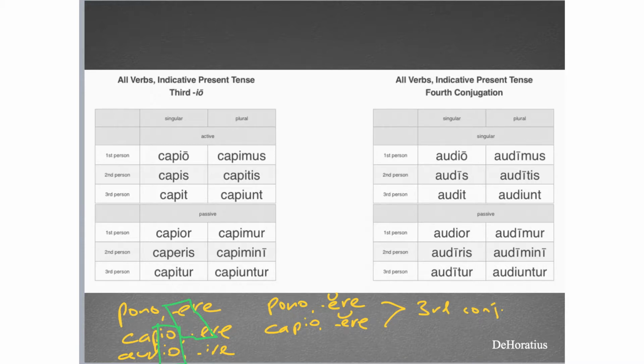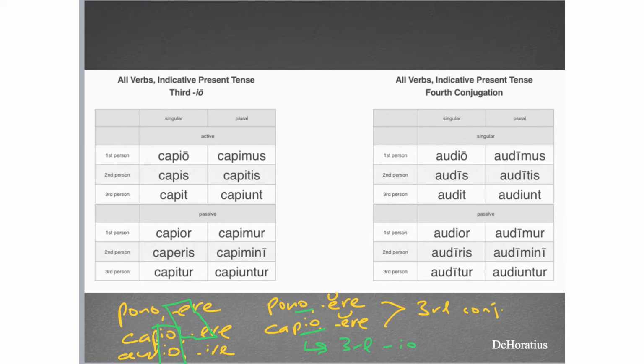The difference with these two third conjugation verbs is that pono has just a straight O and capio has an IO. And so we call capio third IO. All that means is that by principal part, by definition, it's a third conjugation verb because it has that short ERE in the second principal part.